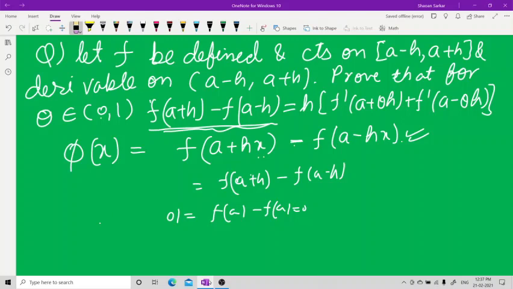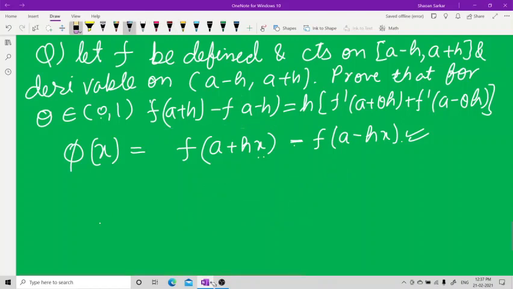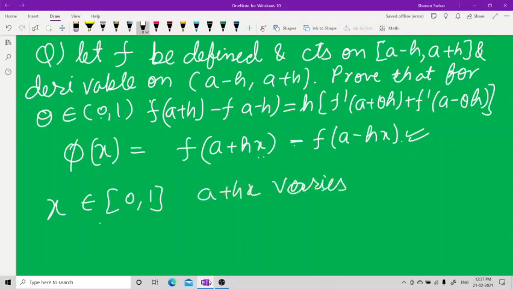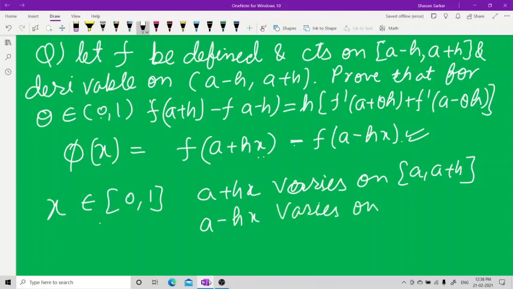Now see this thing, that phi of 0, so when x belongs to 0 comma 1, then a plus hx varies on a comma a plus h, and a minus hx varies on a minus h comma a.